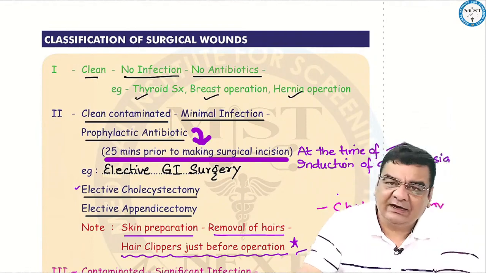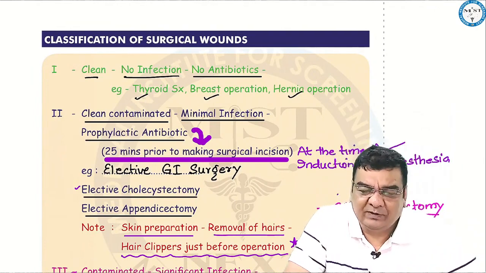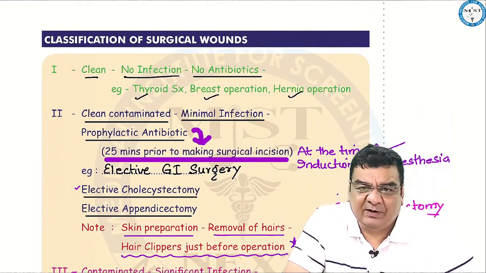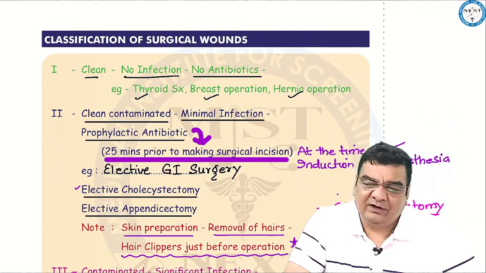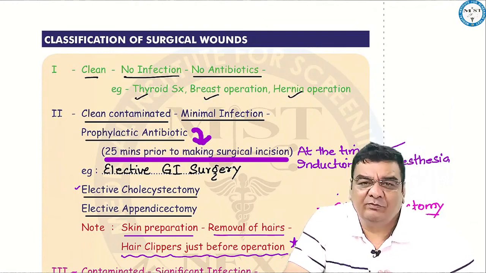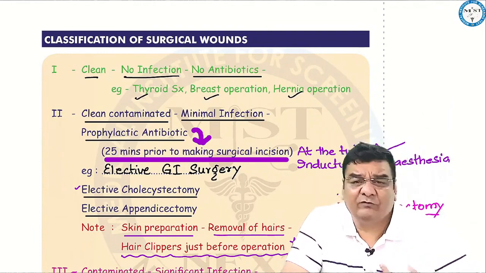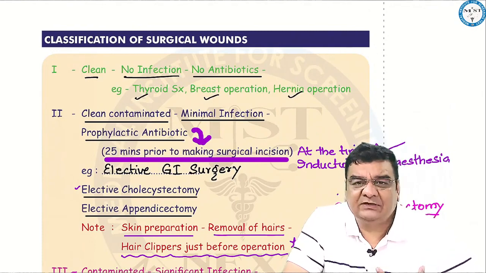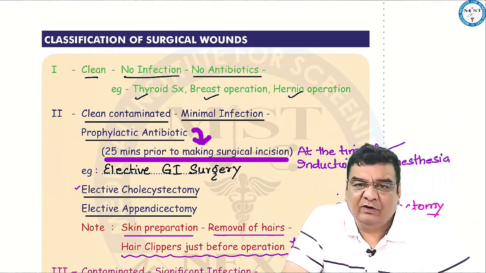Whenever we are doing elective GI surgeries, there is a risk of small amount of infection developing. So we give prophylactic antibiotic, preferably 20 to 30 minutes before the surgeon makes the incision, that is at the time of induction of anesthesia, to minimize the incidence of post-operative infection. Elective cholecystectomy, elective appendicectomy. If you are planning these surgeries, obviously the bacterial party will not be much.